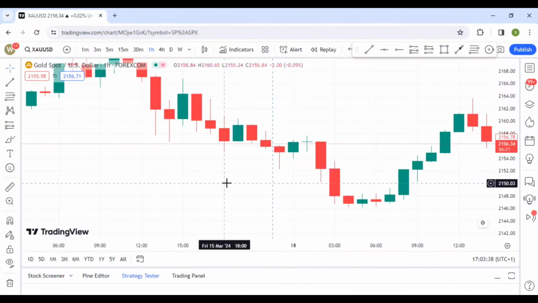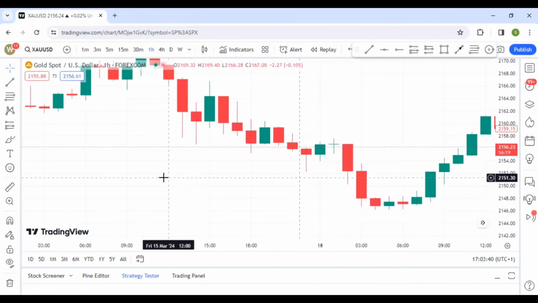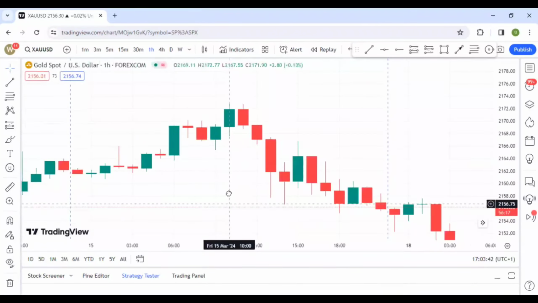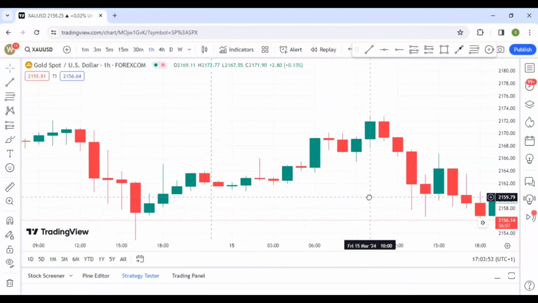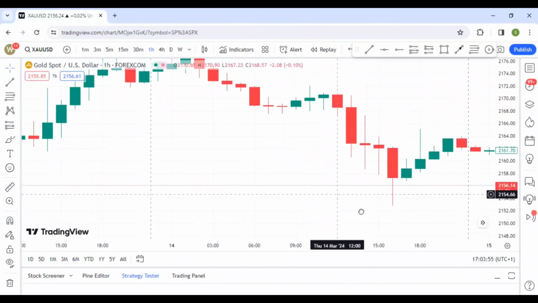A square lollipop. This is a hammer. So let's check for another one. Let's look for another one. It's also a good hammer.